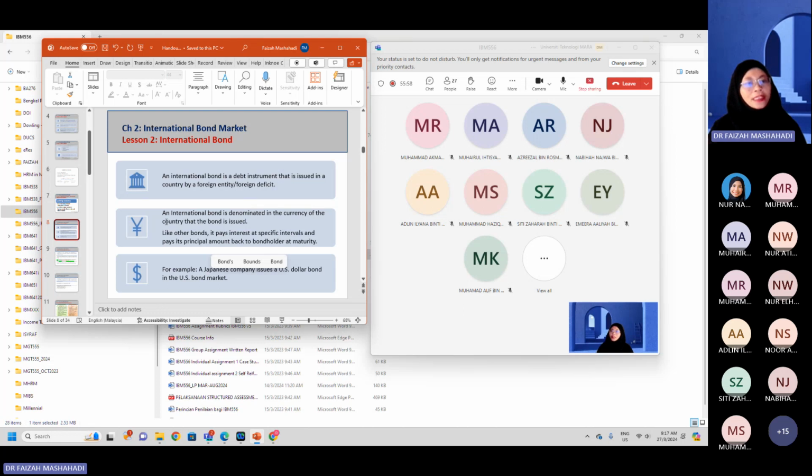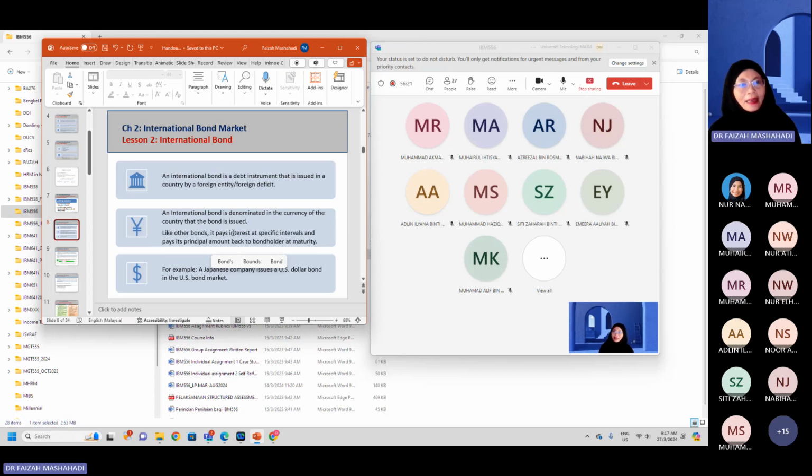Second point, this is the definition. An international bond is denominated in the currency of the country where the bond is issued. Apple issues a bond in RM. Starbucks, all these companies we boycott, issues a bond denominated in RM in our country.